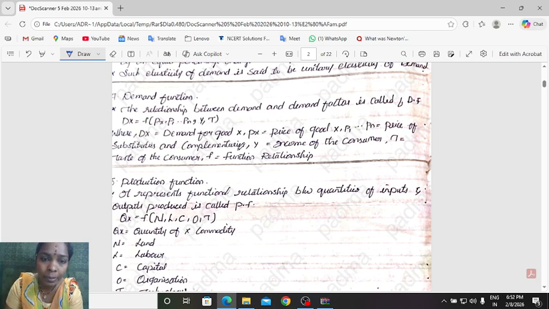Here, what is complementary? For example, I want to construct a building. For constructing a building, directly or indirectly, I have to depend on other things, for example sand, bricks, cement, etc. Those goods are called complementary goods. For example, for the bike, the complementary is petrol. For the blackboard, the complementary is chalk pieces.